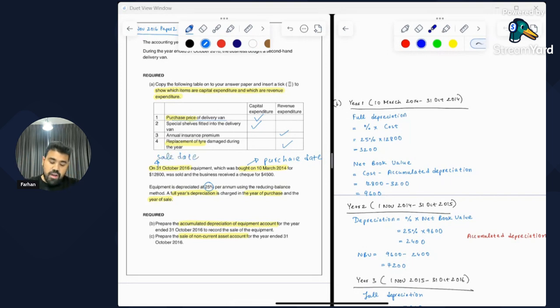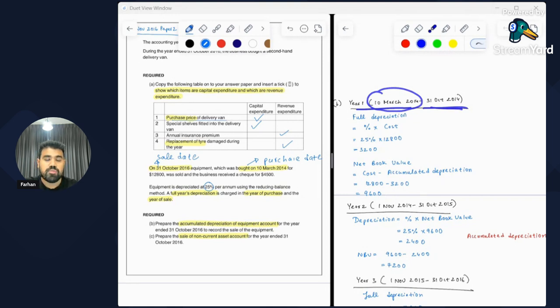Now, the first year of usage for this equipment would be from 10 March 2014 until 31 October 2014. And this is based on the fact that we bought the equipment on 10 March 2014 and the first financial year would have ended on 31 October 2014.